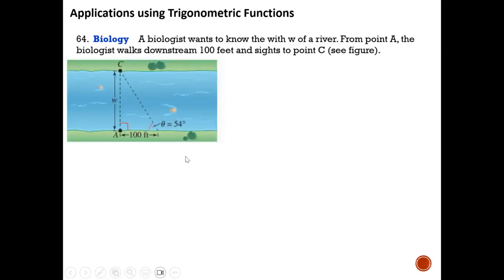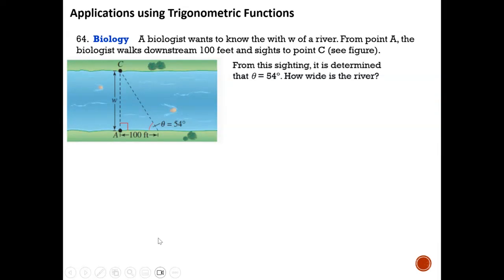This is the width he wants to know of the river. So he knows that this is 54 degrees. From the sighting, it is determined that the angle is 54 degrees. Now, how wide is the river?